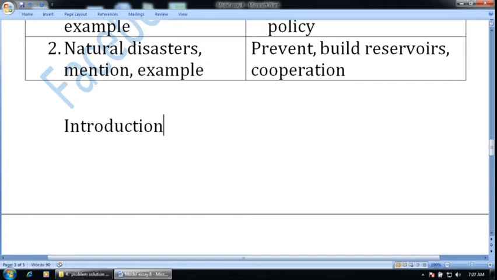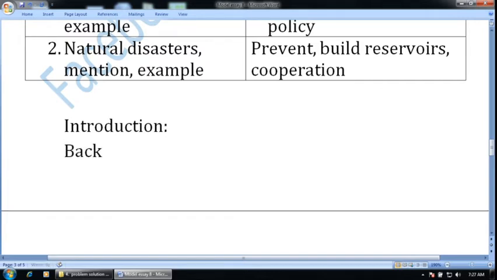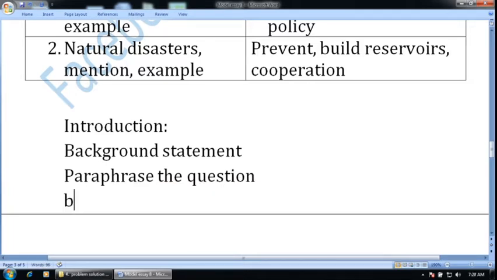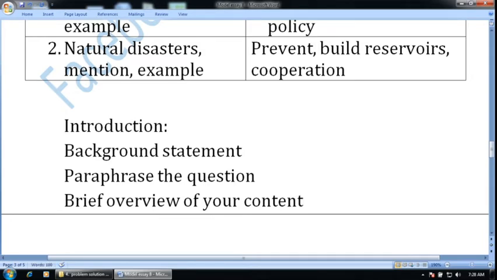How would we write the introduction in this way: we can give a background statement, paraphrase the question, then give a brief overview of your content. Mention what the main problems are, and don't mention solutions, but tell that there are some solutions for that.